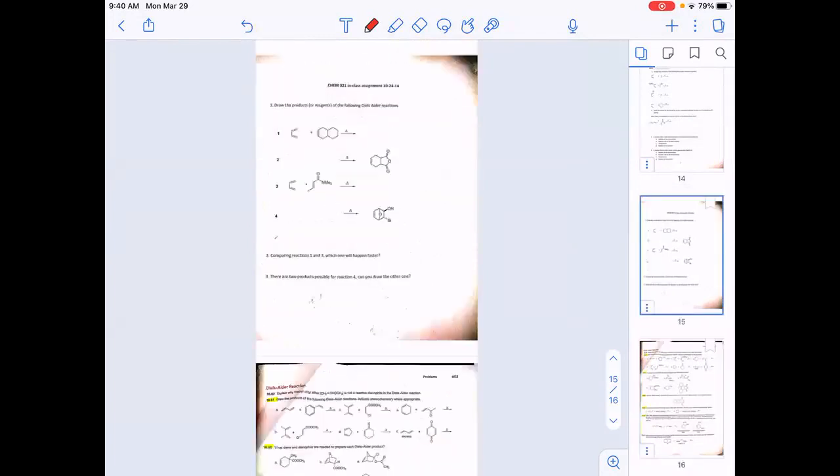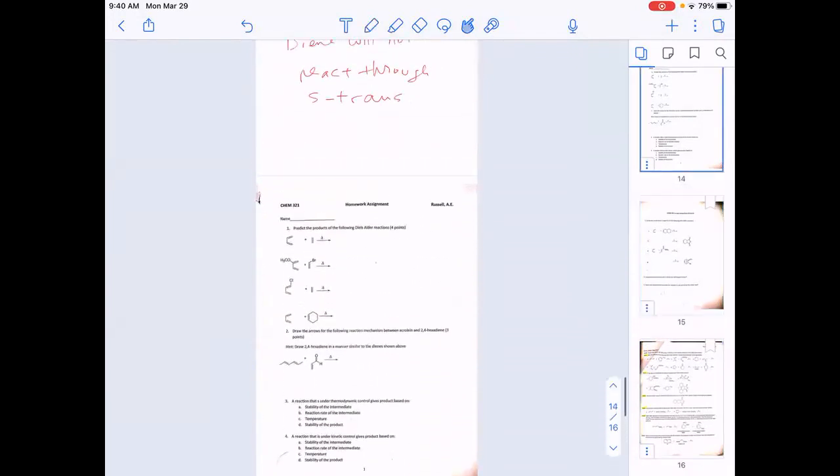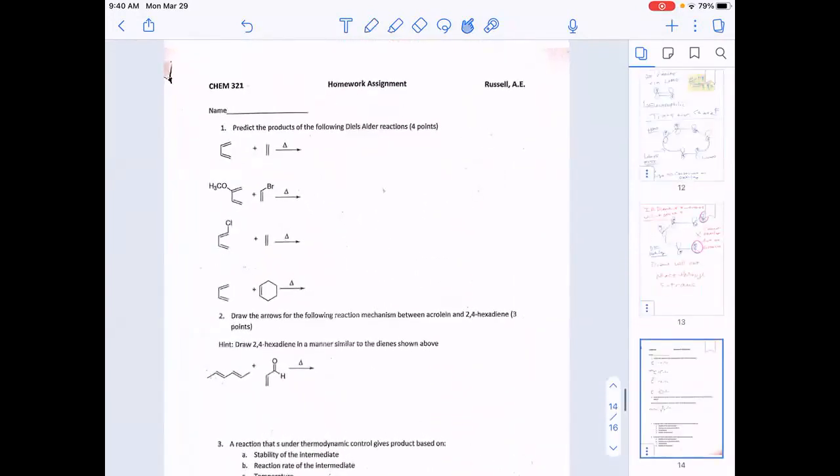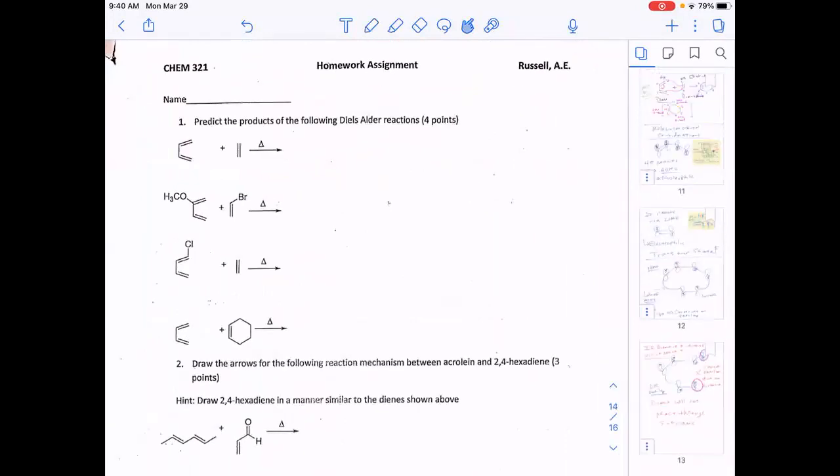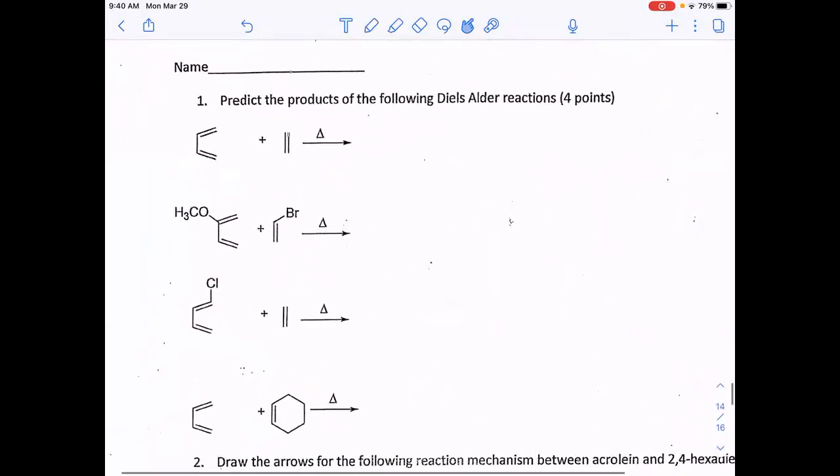All right. So let's do this. Let me scroll up to here. All right. So now let's work through these. We're gonna work through the forward reactions, and then we're gonna work through retrosynthesis, which we'll probably get to on Wednesday.